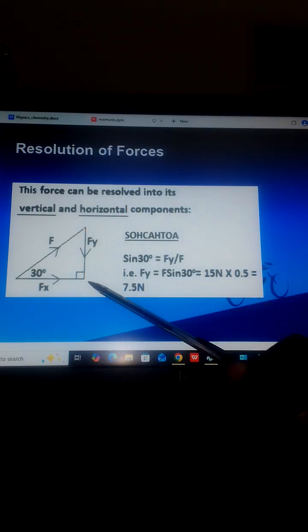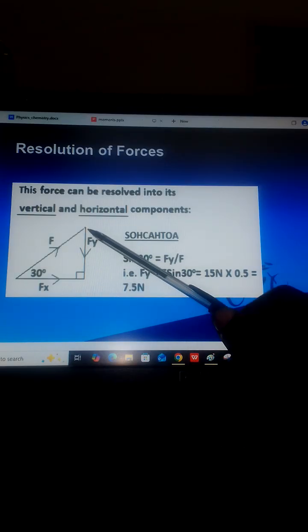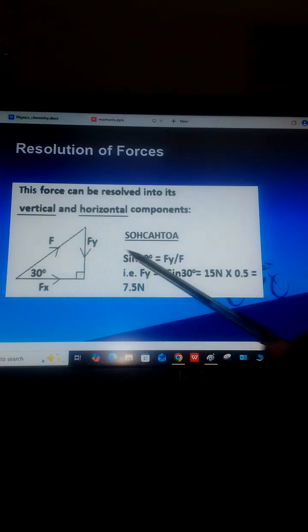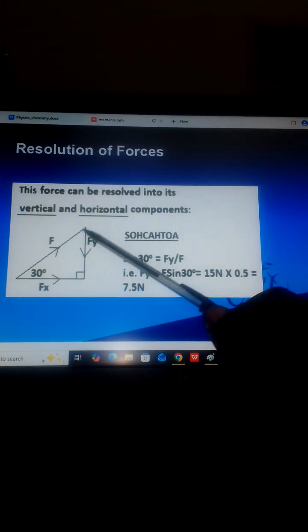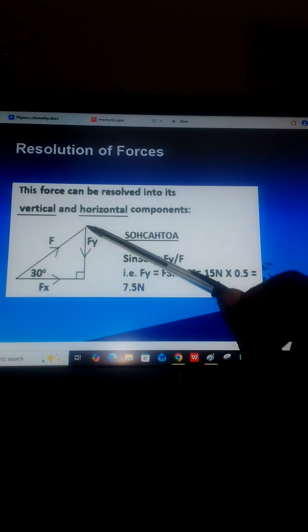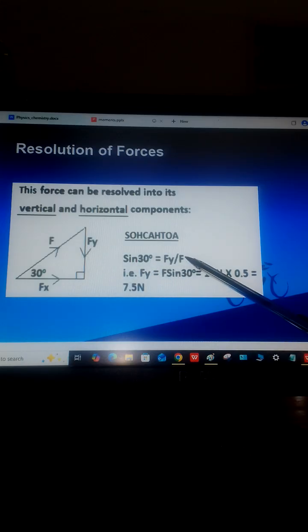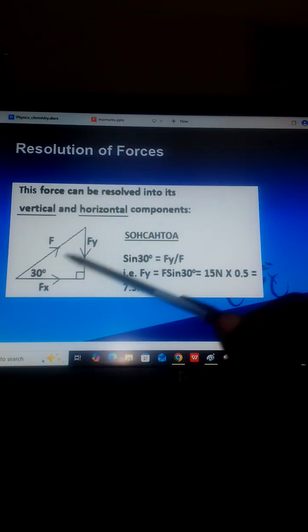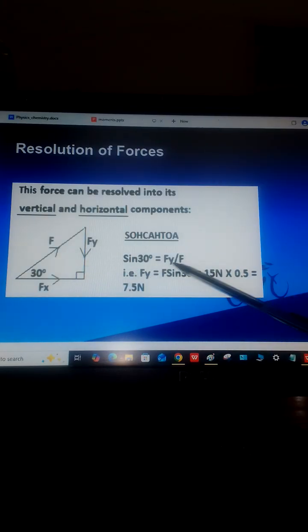The opposite side is the vertical component of this force, that is Fy. The hypotenuse is this force. So sine 30 degrees is equal to Fy divided by F. From here, we can find Fy, which is equal to F times sine of 30 degrees.